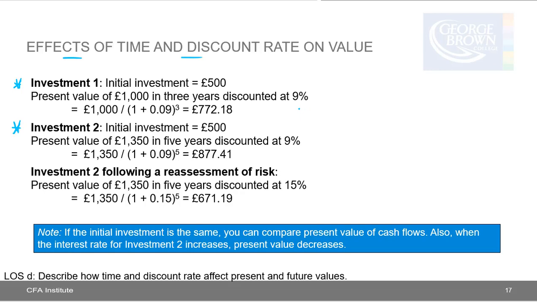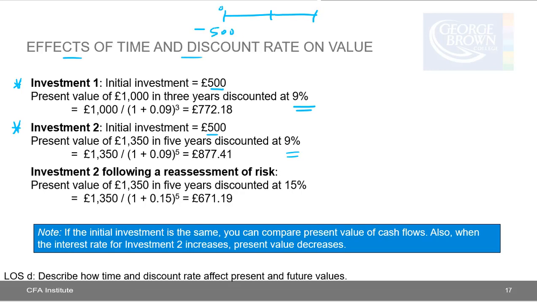Because you believe them to be equal risk, you're going to use the same discount rate of 9%, okay? Both investments have the same initial outlay of 500 pounds. I like to draw my timeline. So for the first one, you're going to outlay 500 pounds.